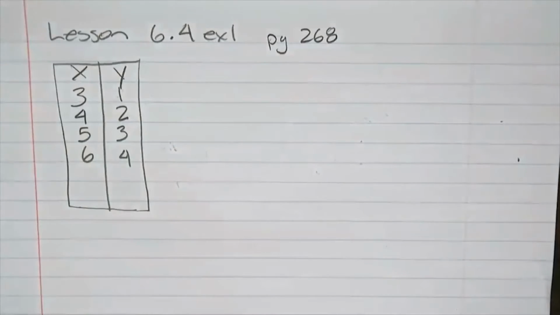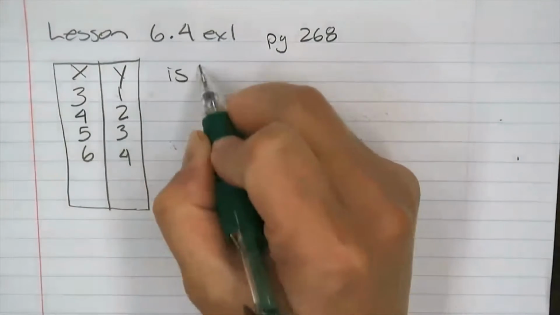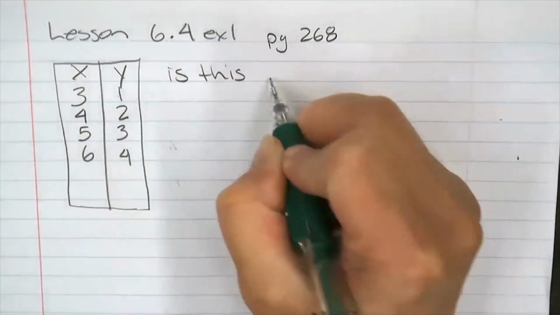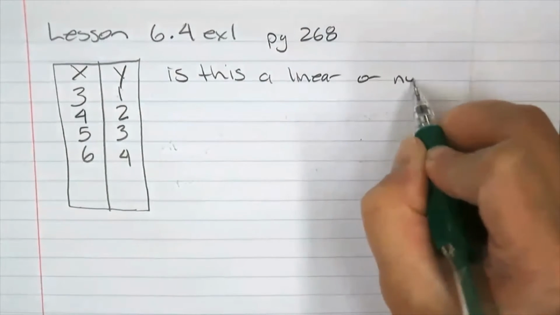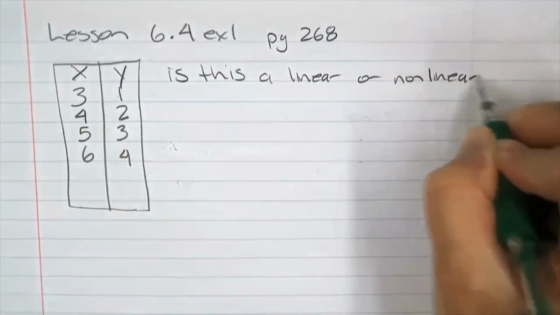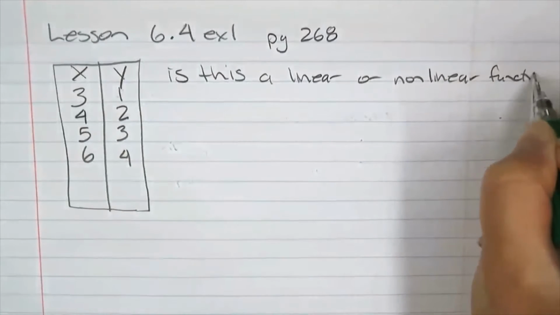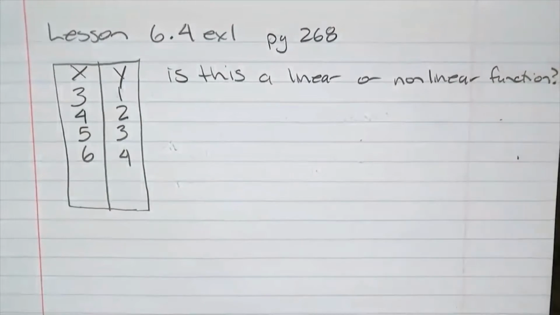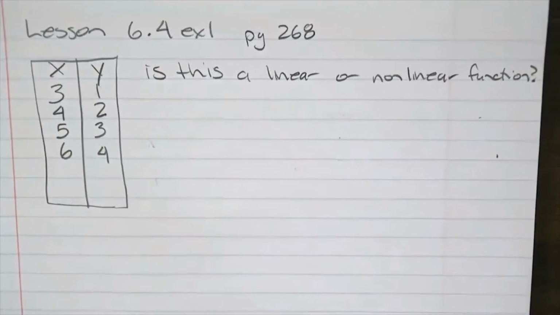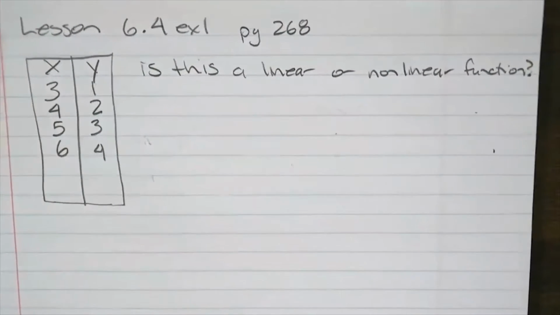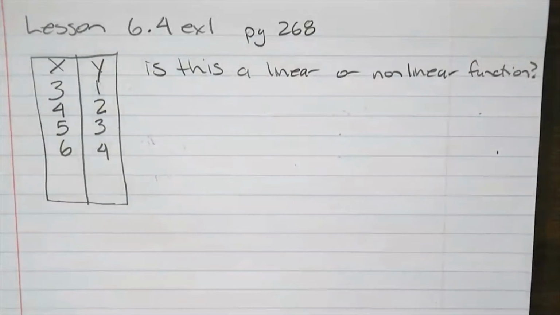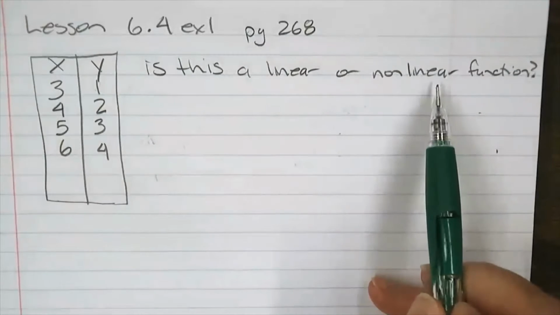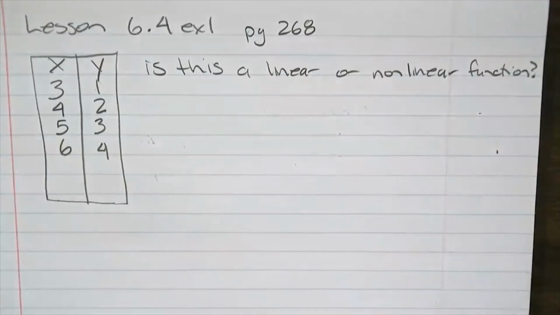So we want to know, is this a linear or nonlinear function? It is a function. But we want to know, is it linear? Does it form a straight line or nonlinear? Does it form a curved line?